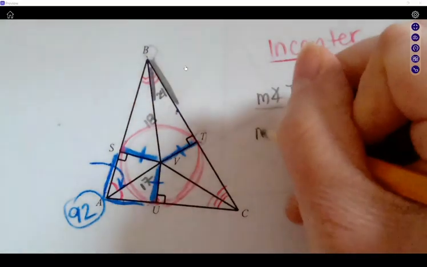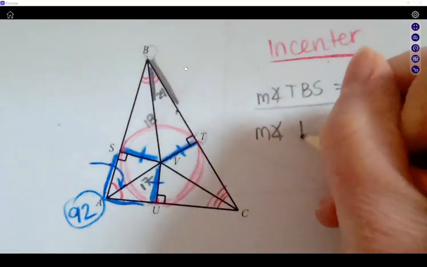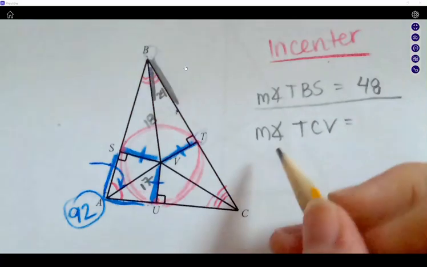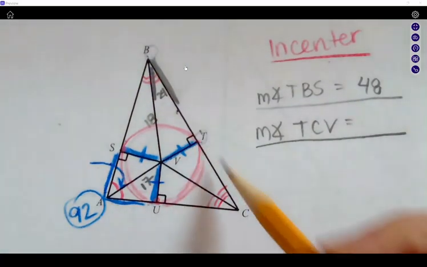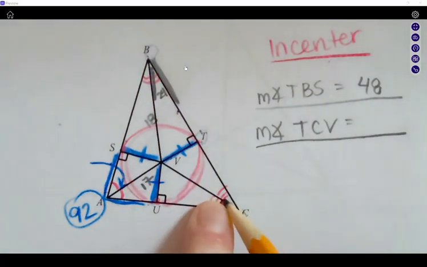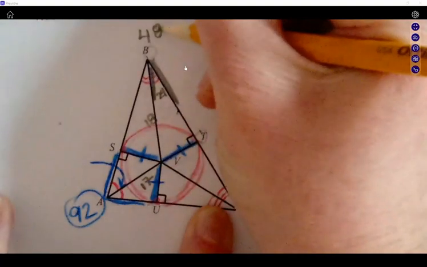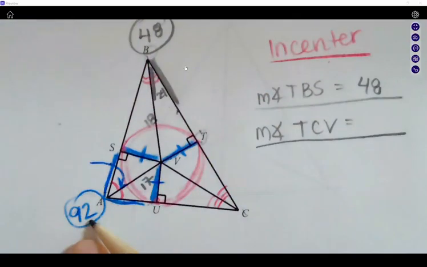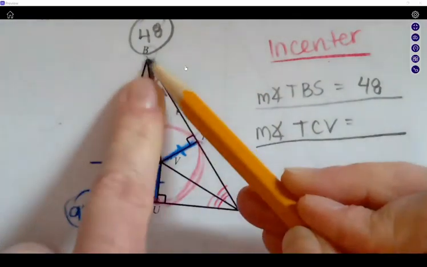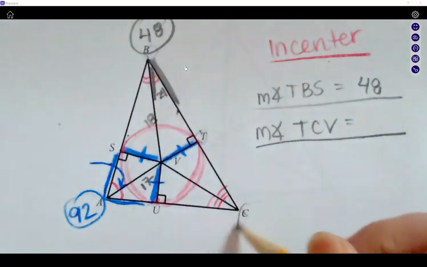We're asked to find the measure of angle TCV. Okay, so TCV, that's this little half down here. Can we find that? Yeah, we know that angle A is 92 degrees and angle B is 48 degrees. Could you tell me what angle C is?